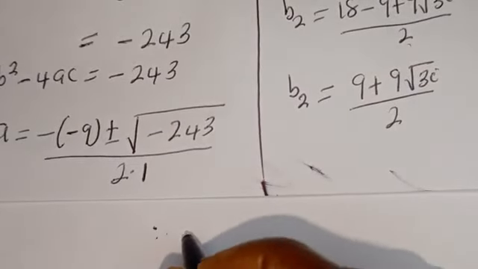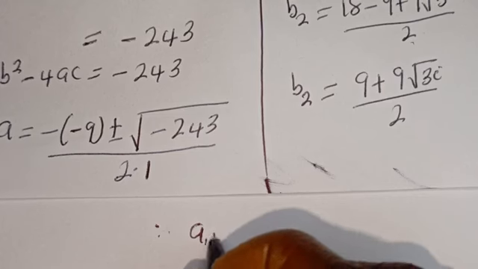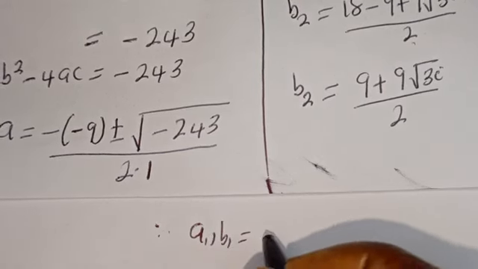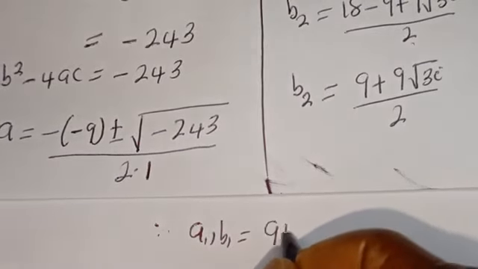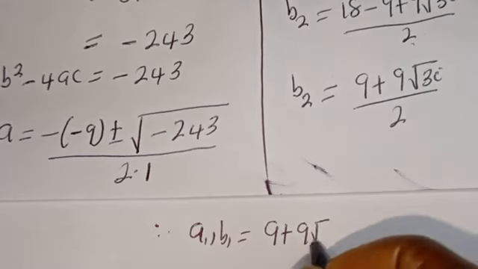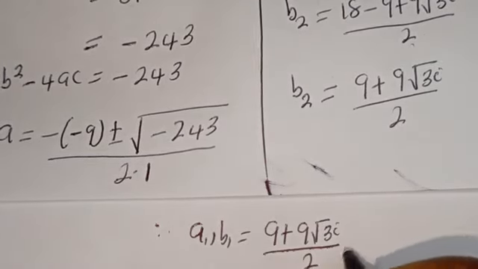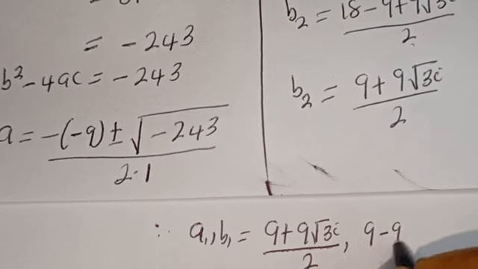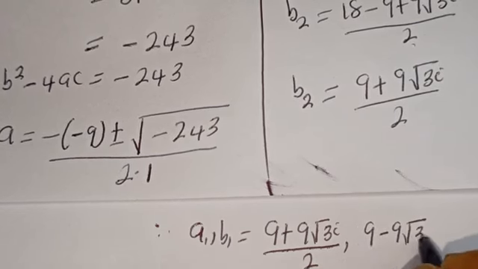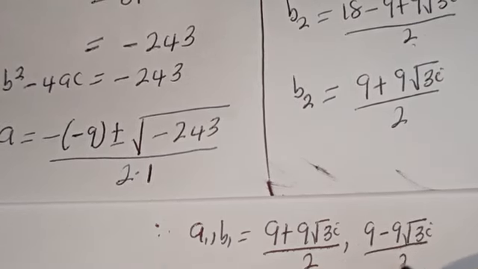Therefore, a1, b1 is equal to 9 plus 9 root 3 i divided by 2, 9 minus 9 root 3 i divided by 2.